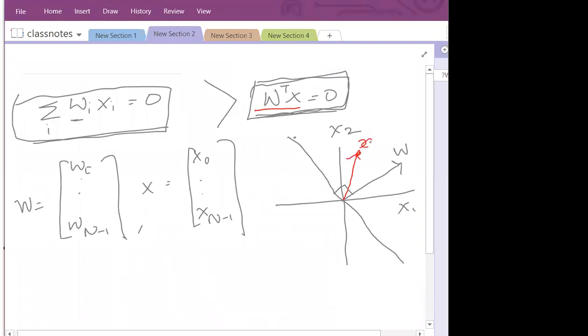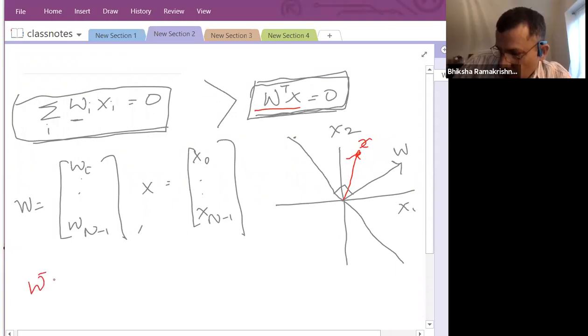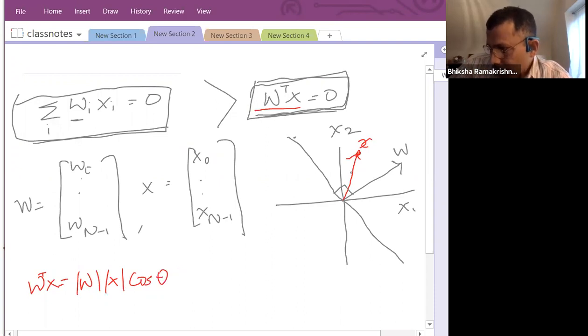It'll be positive, because w transpose x, as we know, is simply mod w mod x cos theta, and here this theta is less than 90 degrees. So when x points in the same direction as w with respect to this plane, the inner product is going to be positive.